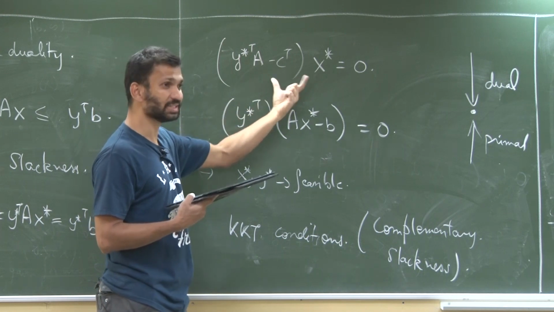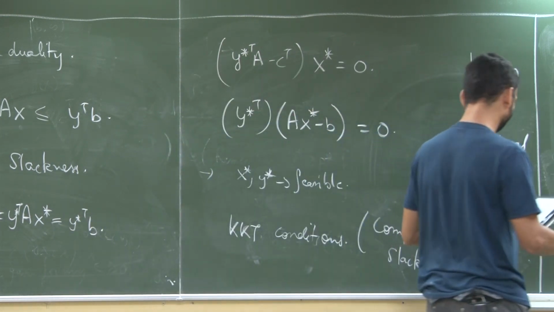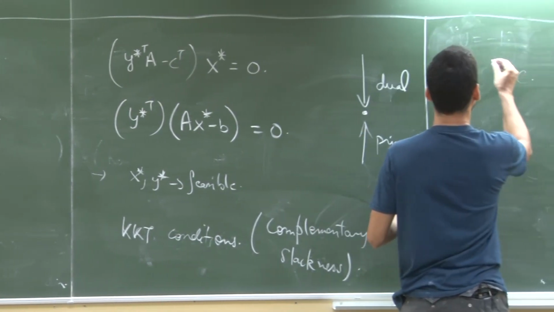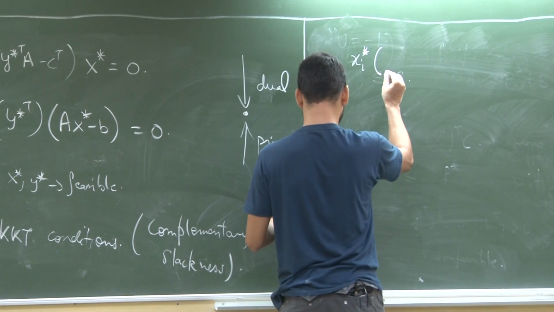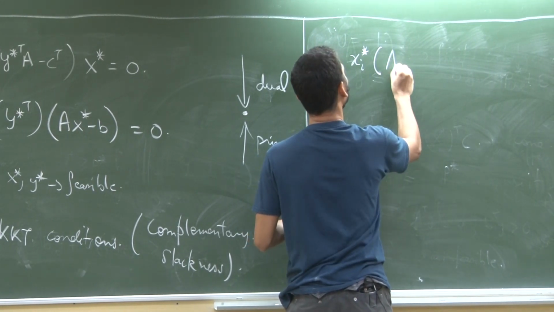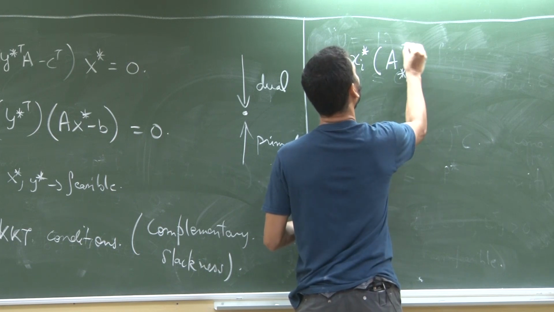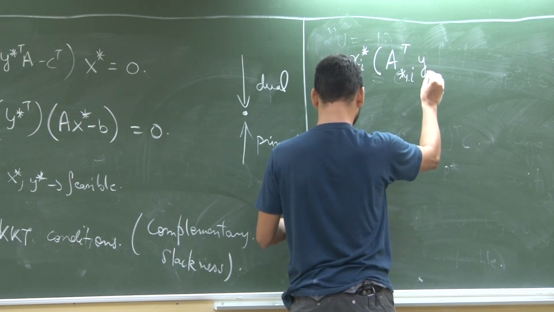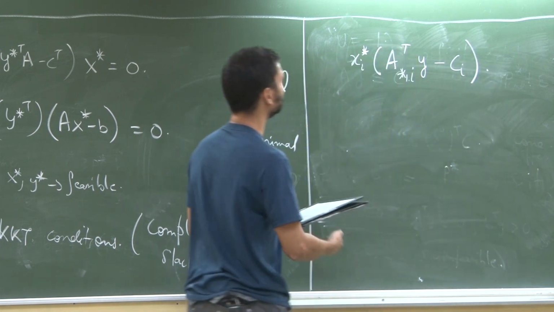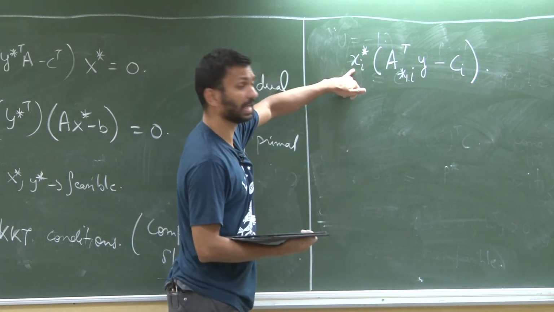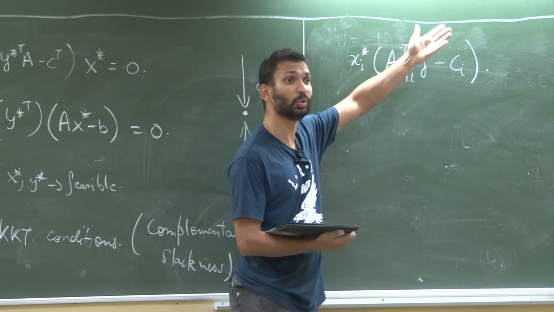See, all these, if I look at any particular column, this is my ith variable, and this is my ith constraint in the dual.